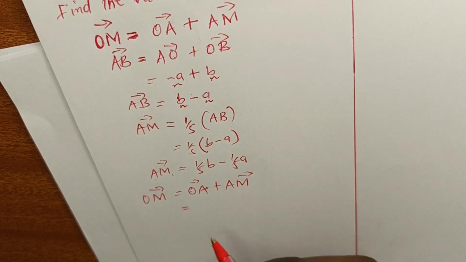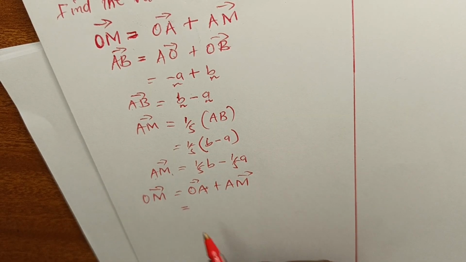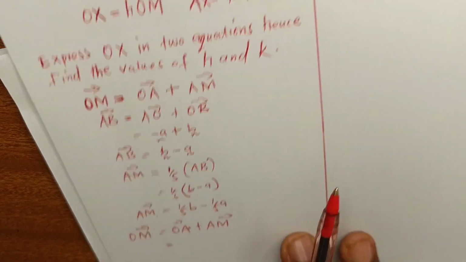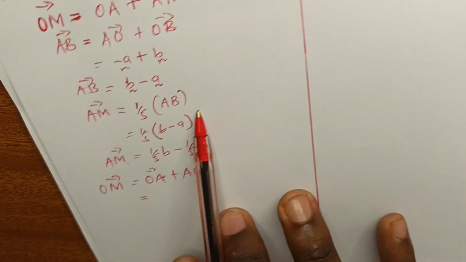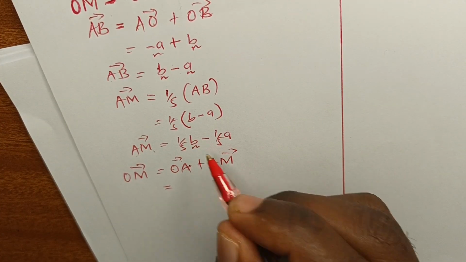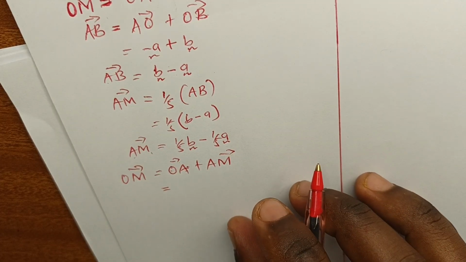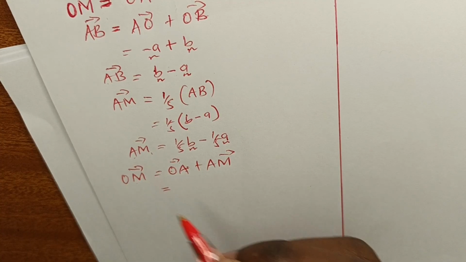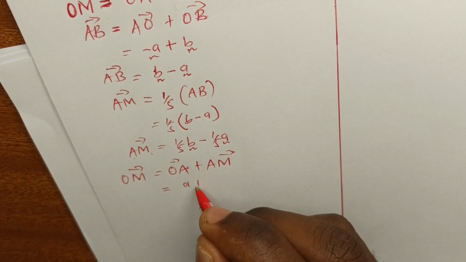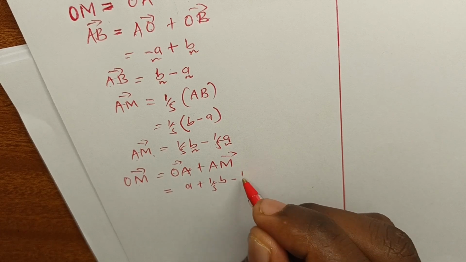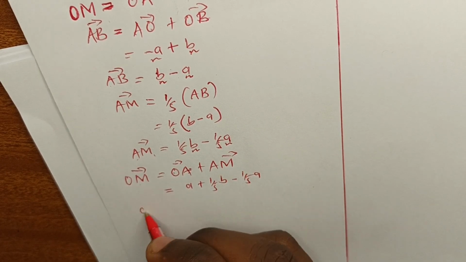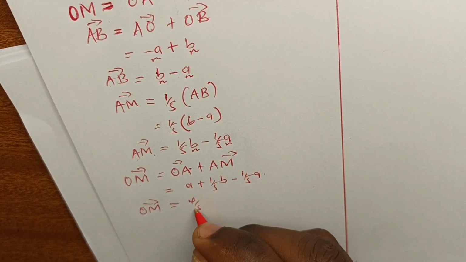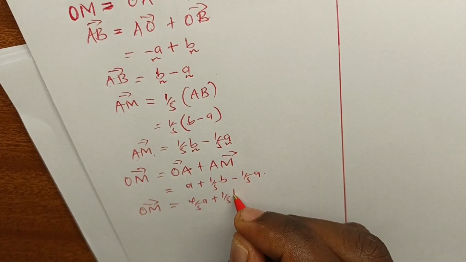OA is a, and we have found the value of AM to be 1 over 5 b minus 1 over 5 a. So OM will be equal to a plus 1 over 5 b minus 1 over 5 a. Simplifying that, OM is equal to a minus 1 over 5 a. This will give me 4 over 5 a plus 1 over 5 b.